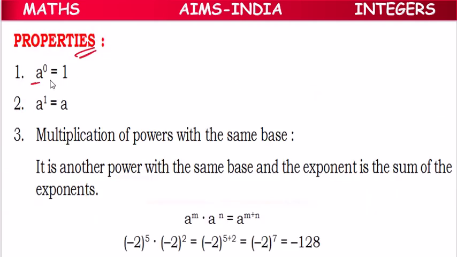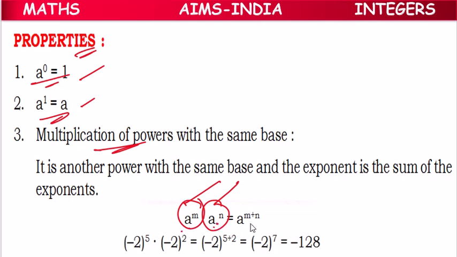Next, properties: a power 0 is 1, a power 1 is a. Multiplication: if they have the same base, while doing the multiplication of powers, then we can add the powers for the same base. So multiplication of powers with the same base will be another power with the same base.